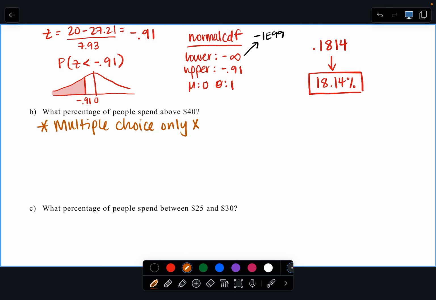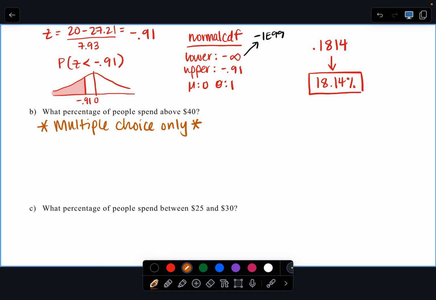On multiple choice questions, they do not require that you show any work. It's not even a test booklet anymore, it's a computer. No one is going to see your scratch paper or what you have. So what you do in the multiple choice section is up to you.